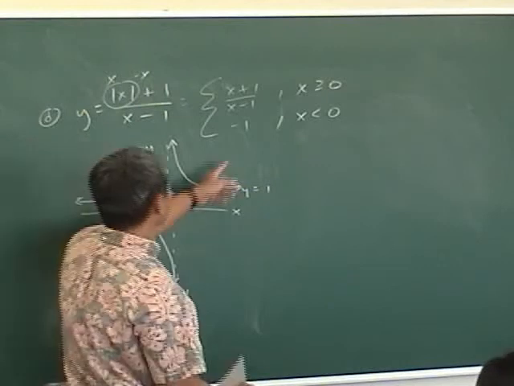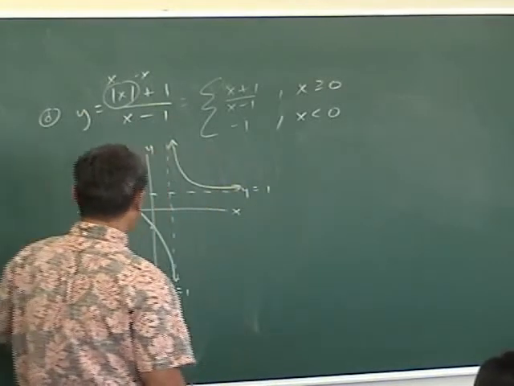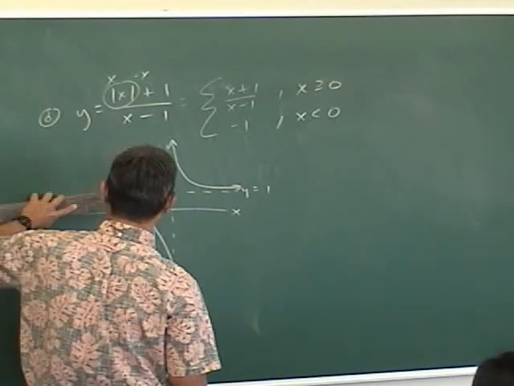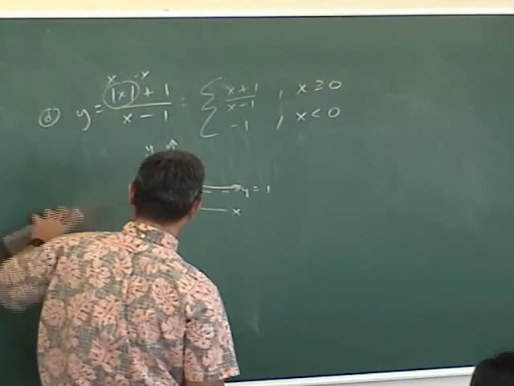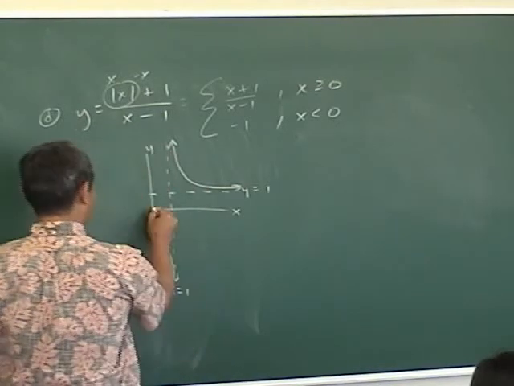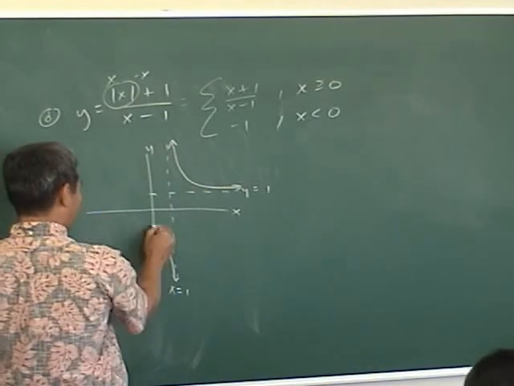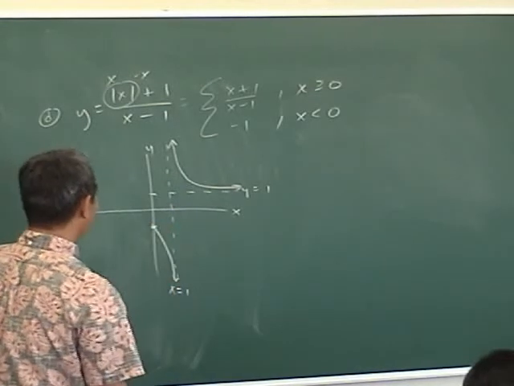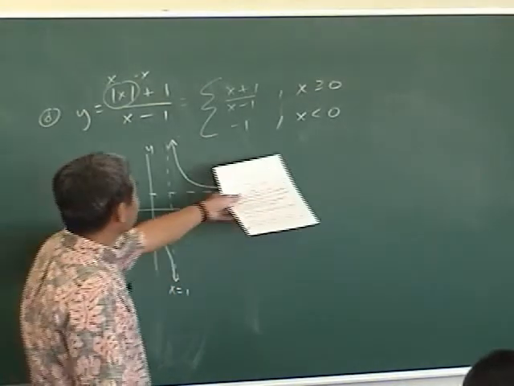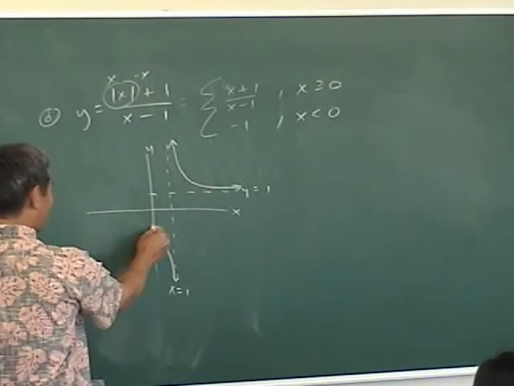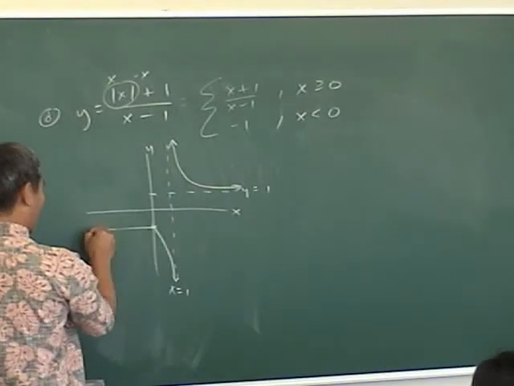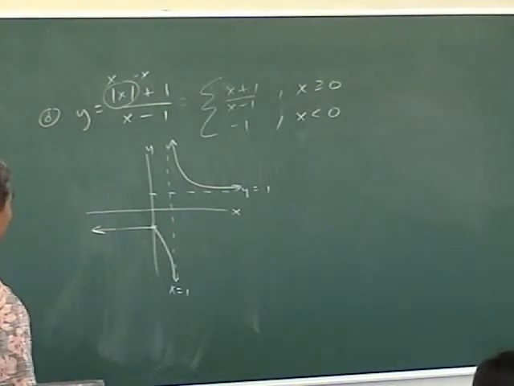But we're only going to graph it when x is greater than or equal to 0. So we're only graphing it to the right of the y-axis. Like that. So basically everything else gets erased. So we're only keeping that part. And then when x is less than 0, then you just graph y equal negative 1, which is the horizontal line. So that's what the graph looks like.